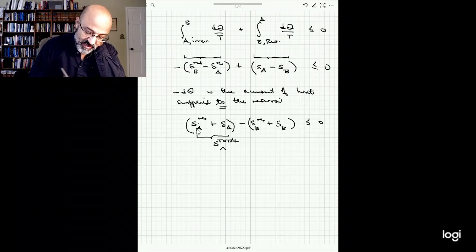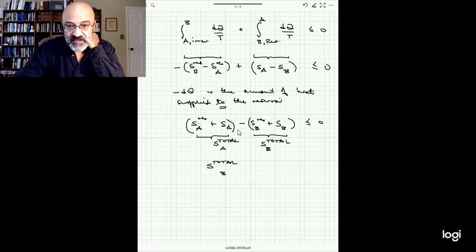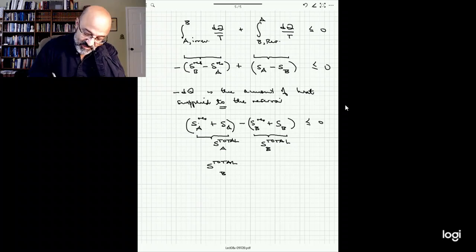at A, in the initial state, and this is SB total. What we conclude is that the final entropy, getting this guy onto the other side, is bigger than the initial entropy.